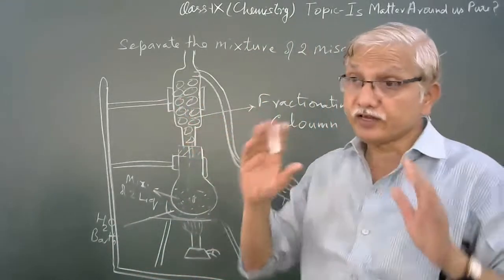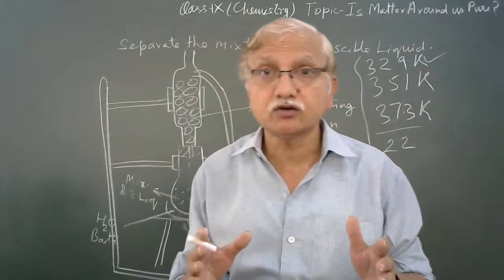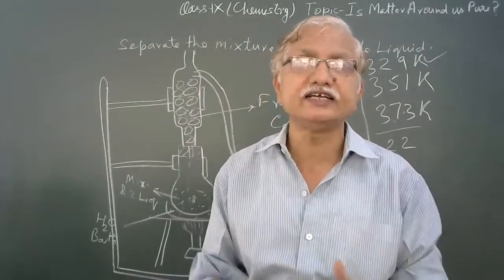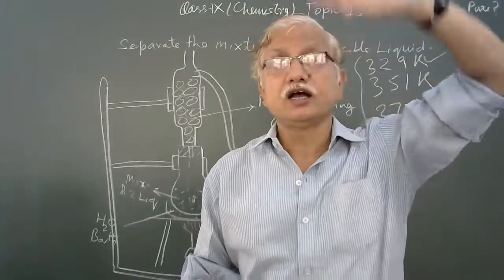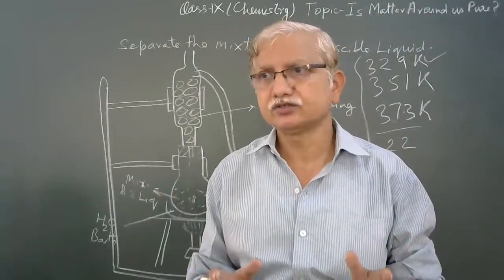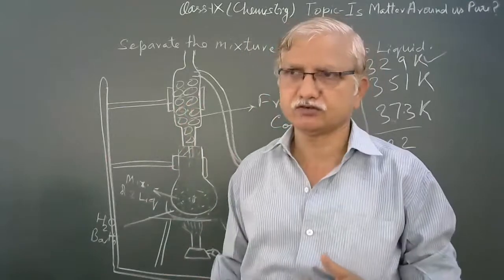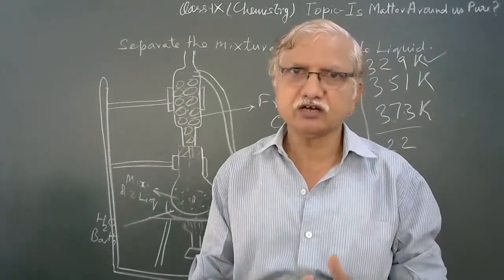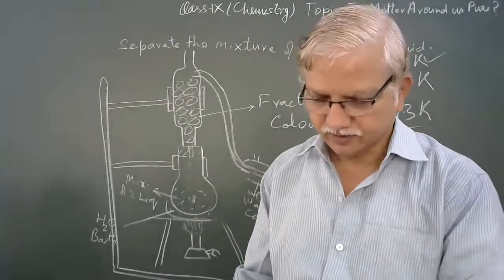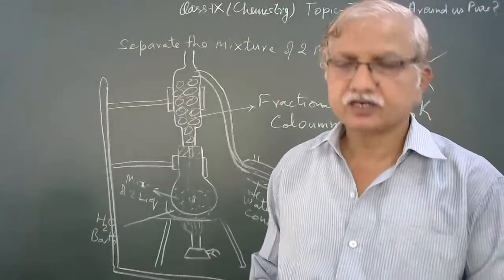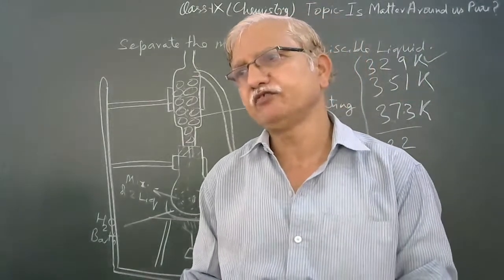But for refineries, we make a fractionating column in a very specially designed way, and it has a very long height, like 100 feet. So it is not a simple fractionating column like this, but this is the application of fractional distillation to separate the components of a mixture having a difference in boiling point less than 25 degrees Celsius.